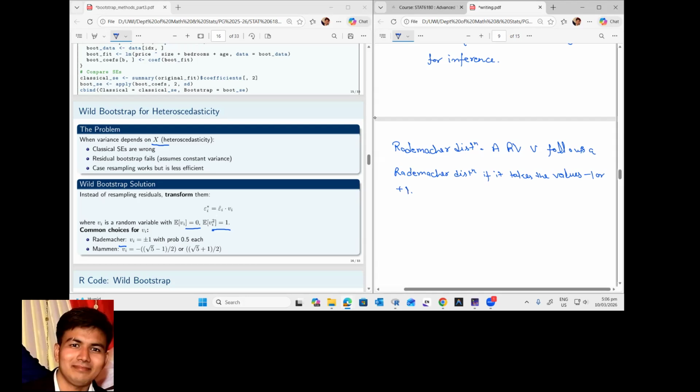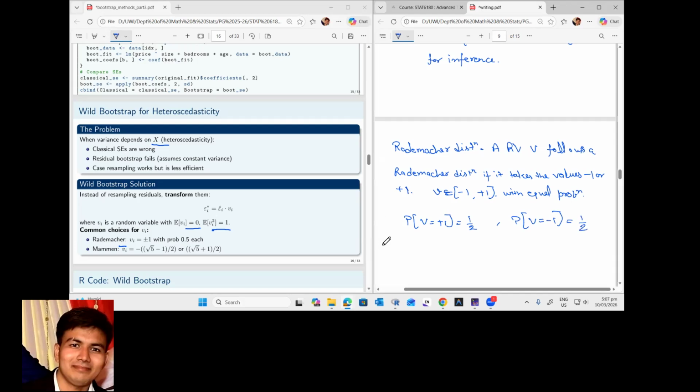In that one, v only takes two values, -1 or +1, with equal probability. That means the probability that it takes the value +1 is 1 by 2, and the probability that it takes the value -1 is again 1 by 2.